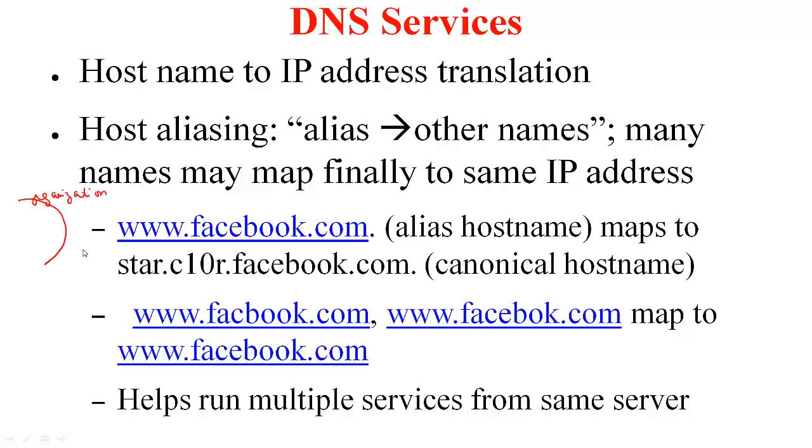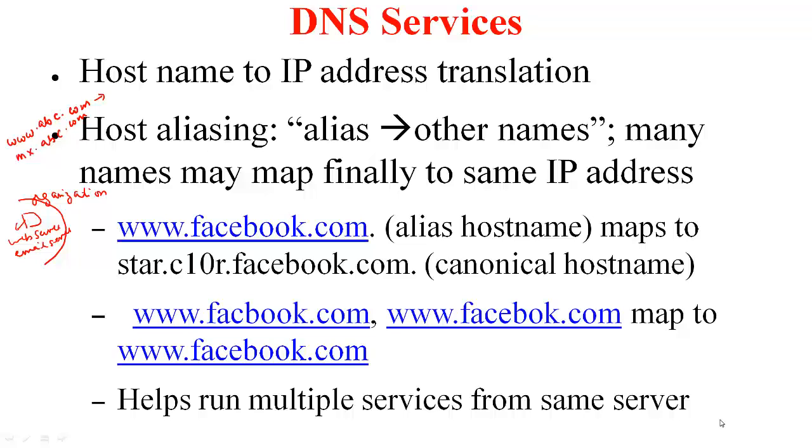Sometimes in a specific organization, you may use the same machine to run your web server and your email server. But to the outside world, you want to specify www.abc.com, let's say ABC is your company's name, as your web server, and let's say mx.abc.com as your mail server's name.